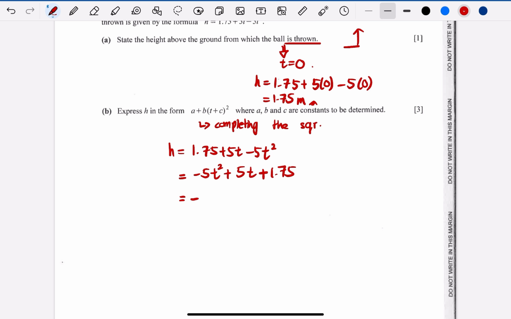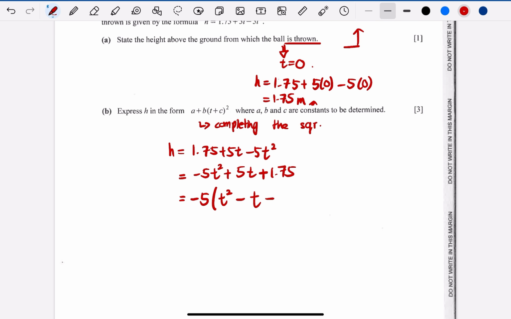Afterwards, I'm going to factorize out negative 5, because remember, for completing the square, the coefficient of your x squared term needs to be 1. So in this case, I factorize out negative 5, I'm left with t squared minus t, or in this case, minus 1t, which is the same as minus t.